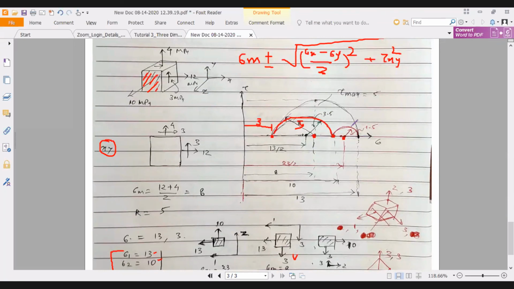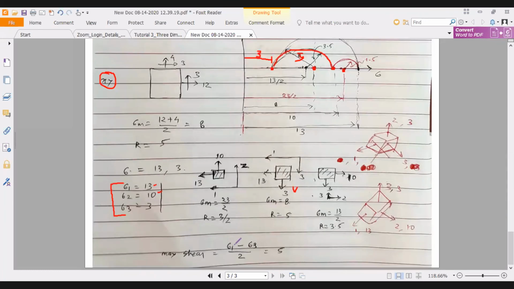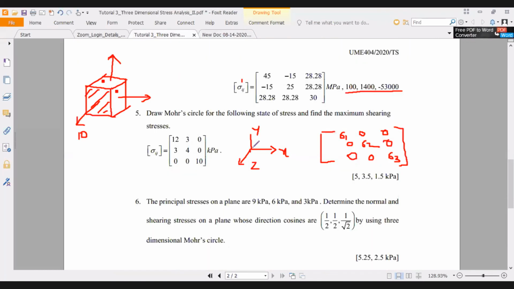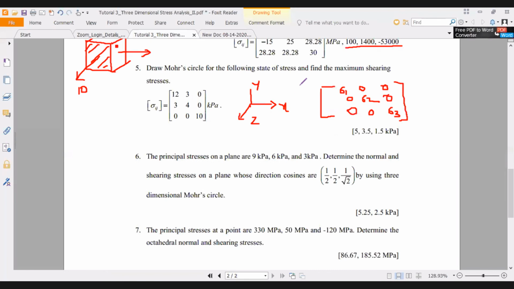Here our Mohr circle is completed, and we can calculate the maximum shear using this formula, sigma 1 minus sigma 3 divided by 2, that gives you 5. That is the radius of your biggest circle. Try to solve the remaining problems from this tutorial series, and we can discuss this afterwards.